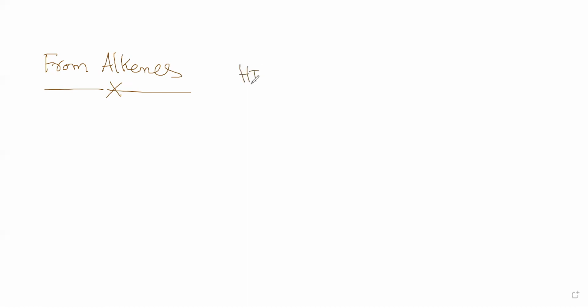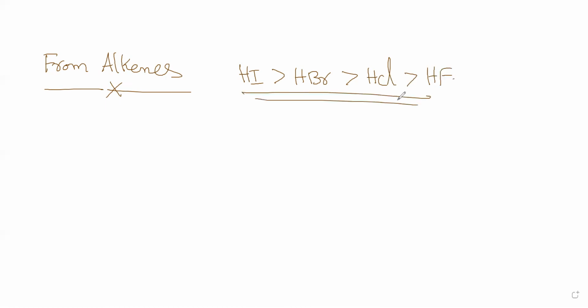So remember the reactivity, HI greater than HBr greater than HCl greater than HF. This is the order of reactivity of the halogen acids, okay? Or you can say the hydrogen halides. Sometimes they also call hydrogen halides. So this is the order of reactivity what you see for the hydrogen halides.